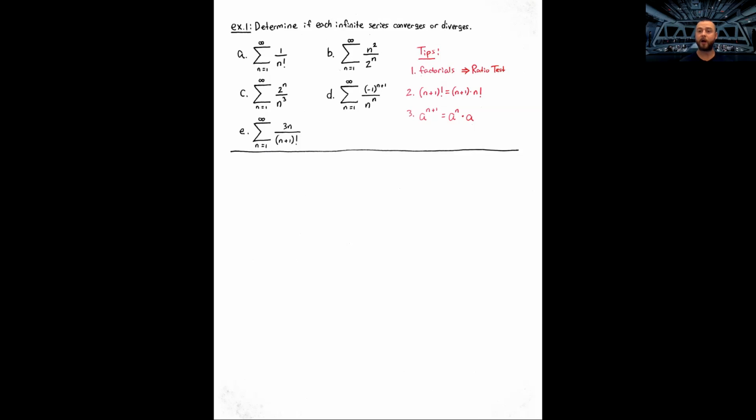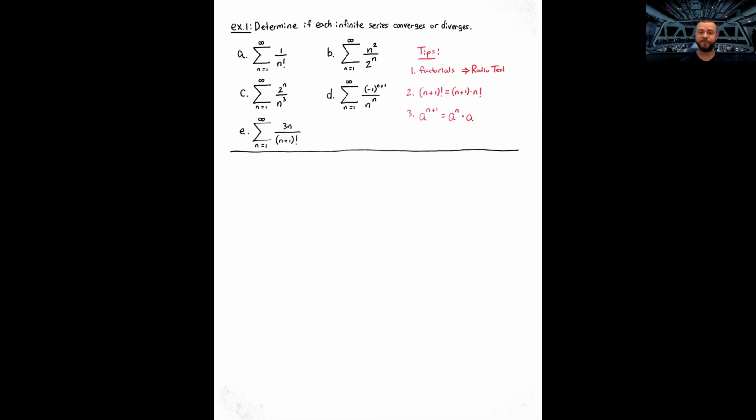And that's due to our recursive or iterative property of factorial. n+1 factorial can be rewritten as the integer n+1 times n factorial. That's that second tip there. The ratio test when there are factorials and that second property usually go hand in hand.